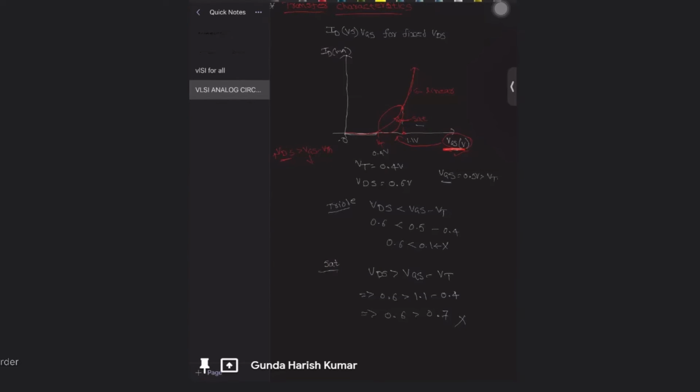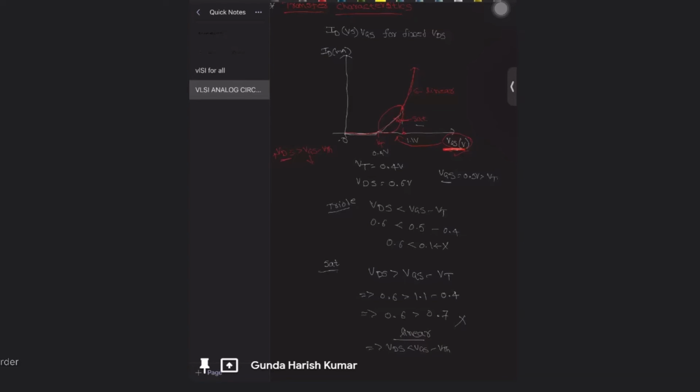This condition is not satisfied. So after it reaches 1.1, it will be in linear, because VDS is less than VGS minus VT. It's in a linear condition.